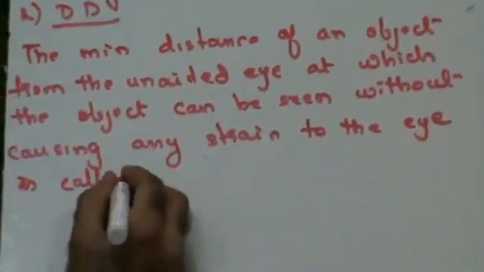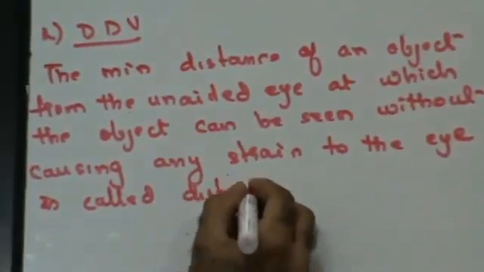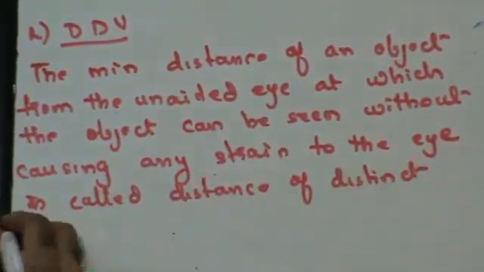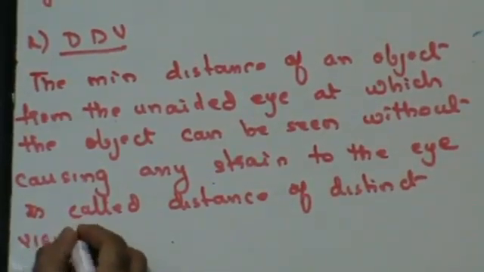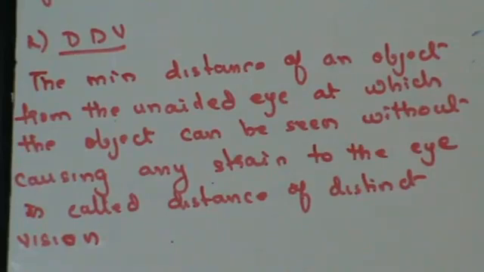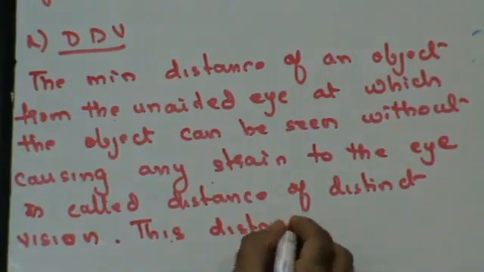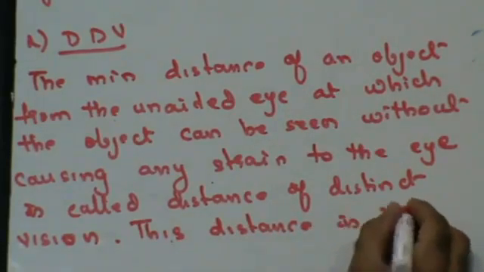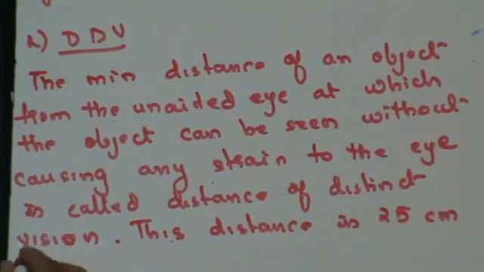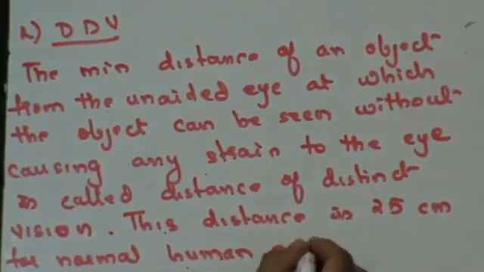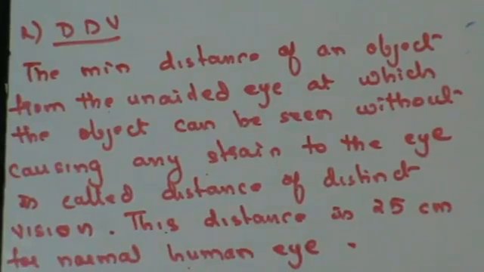It's abbreviated as DDV. This distance is 25 centimeters for the normal human eye. That's called DDV.